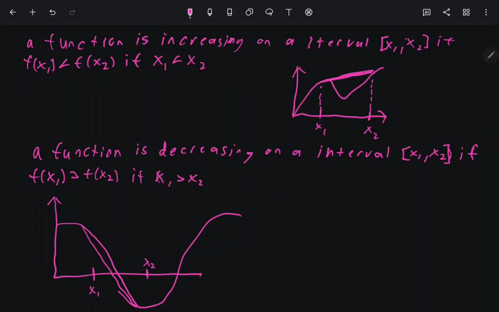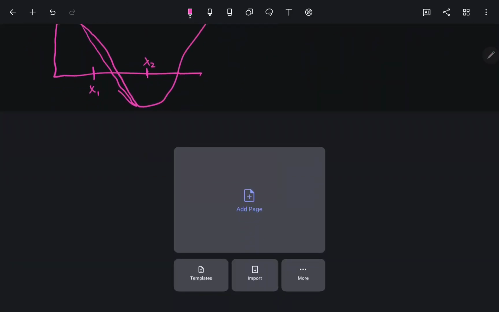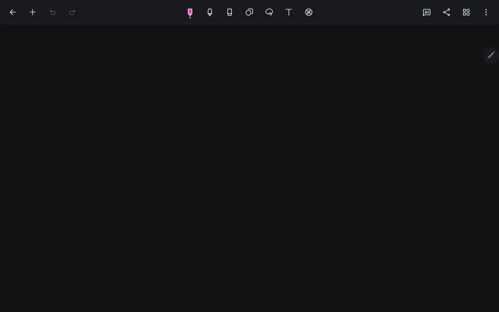That's really the true definition of a decreasing function, that f of x is getting smaller. And the opposite is f of x is getting bigger. Sorry, once again, about my mediocre handwriting.